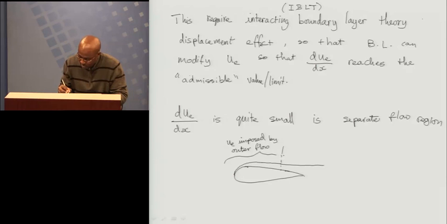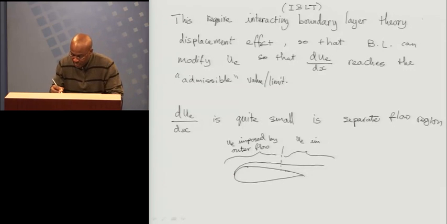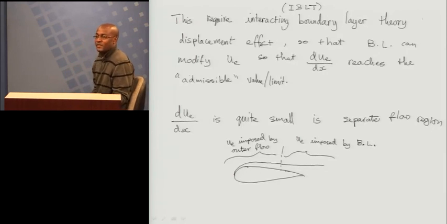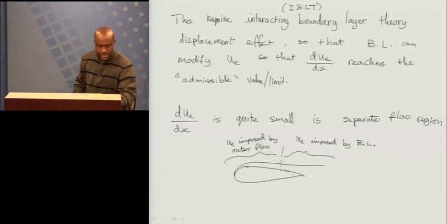But once we have separation, then U_e is actually imposed by the boundary layer, because of the adjustments that have to happen for us to stay within acceptable limits.